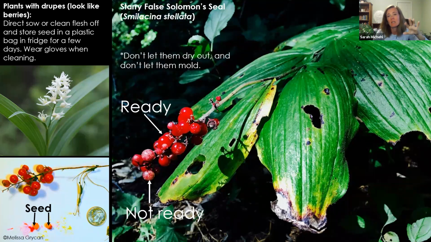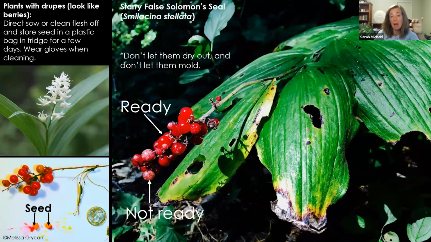Let's say there was a big group of these plants all growing. I would only collect from 30% of the plants, and I would leave the rest of them. But on the individual cluster here, you can see I have ready and not ready written. The ones that are ready to be collected are bright red and are mushy when you touch them. Touch is really important to seed collecting and determining what's ready and what's not.